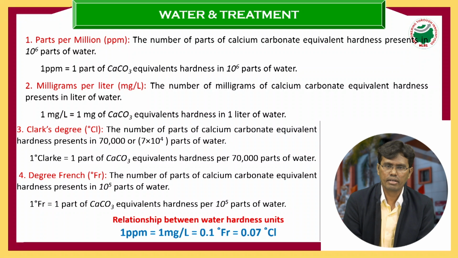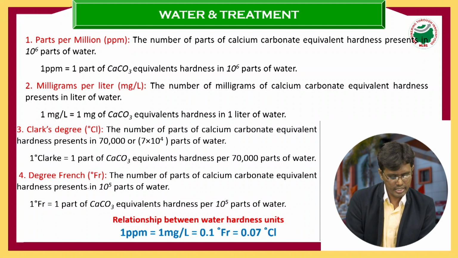Similarly, milligram per liter: 1 part calcium carbonate equals 1 liter of water. Similarly, Clark's degree: 1 part of calcium carbonate equals 7 into 10 to the power of 4 parts of water.